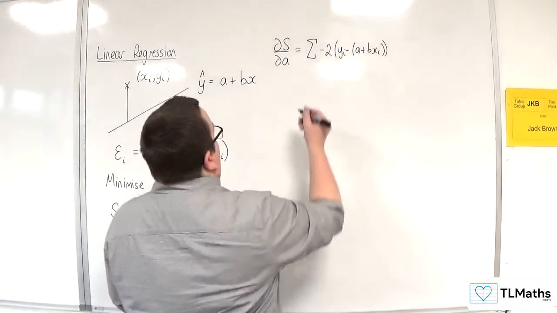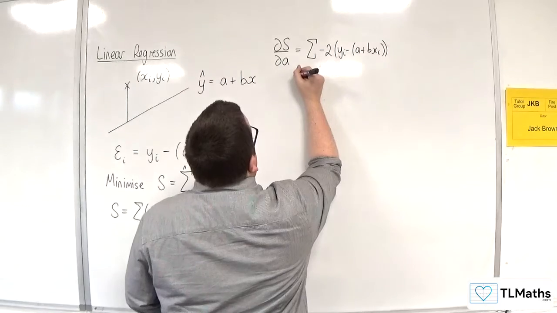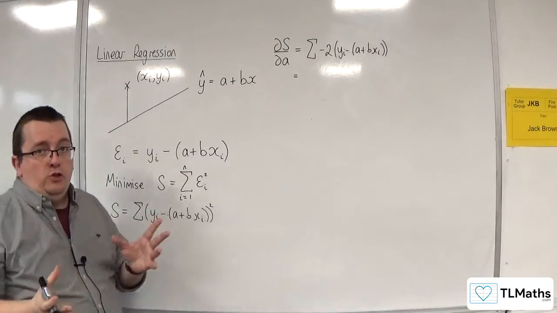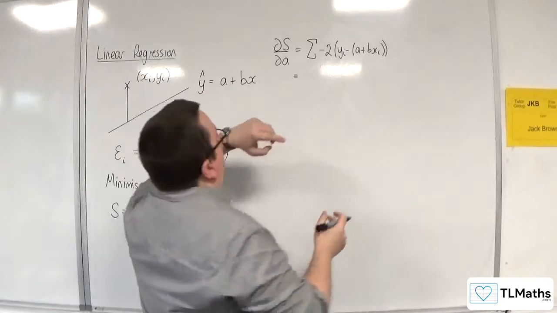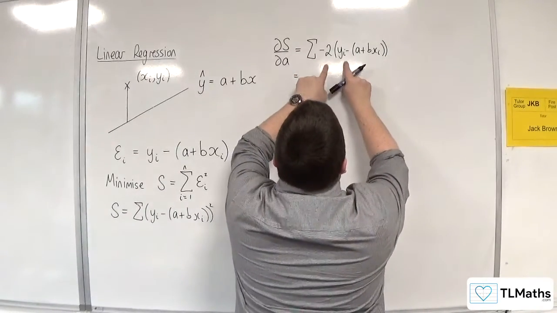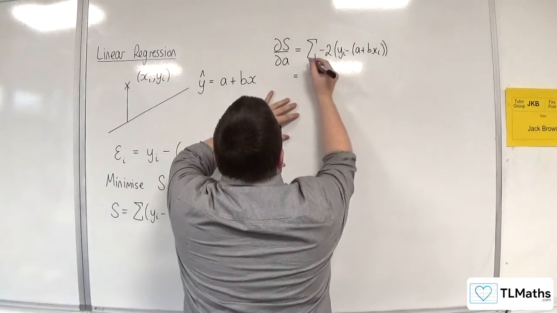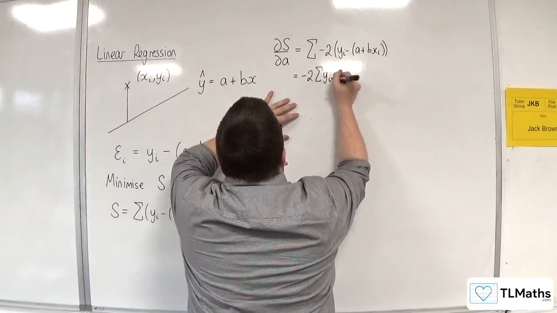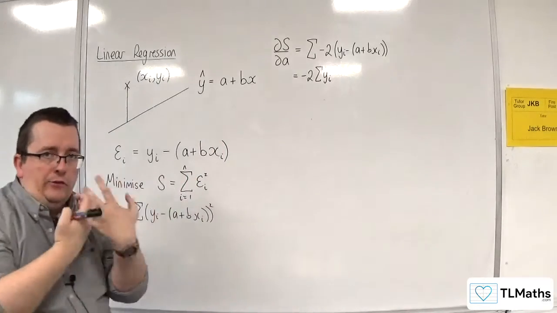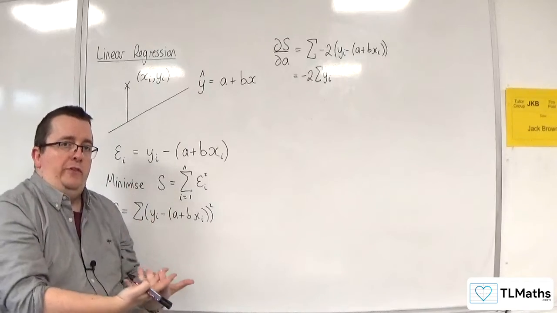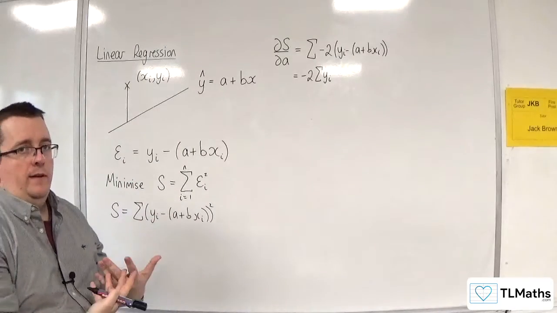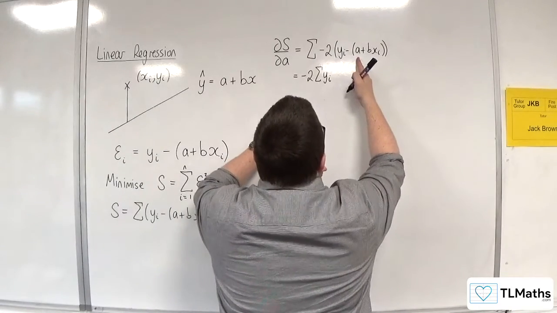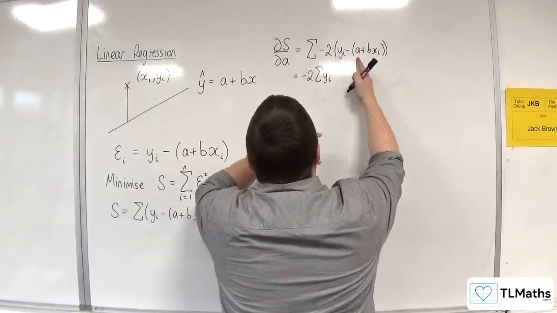Right, so what I'm next going to do is essentially expand this out into several summations, okay? So we've got the summation of minus 2 times yi. So I'm going to bring the minus 2 outside of the summation. Anything with yi or xi involved has to stay to the right of the summation symbol. Anything else is a multiplier and can come outside. Then I've got minus 2 times minus a, so that's plus 2a.